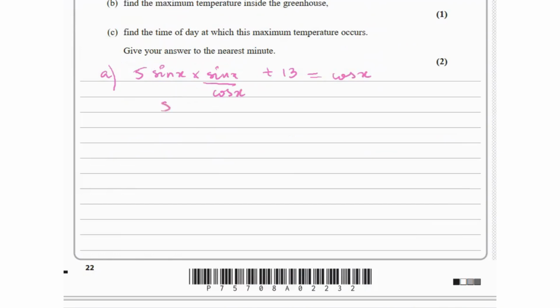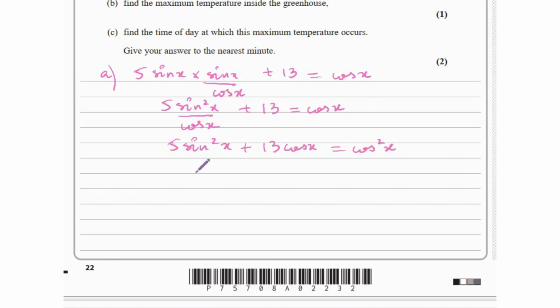Multiply the sine x, so 5 sine squared x over cos x plus 13 equals cos x. Multiply all of the terms with cos x, so 5 sine squared x plus 13 cos x equals cos squared x.